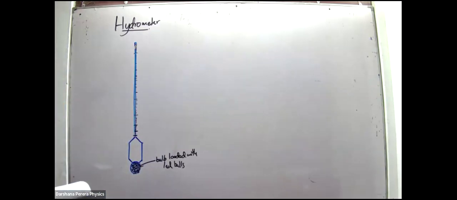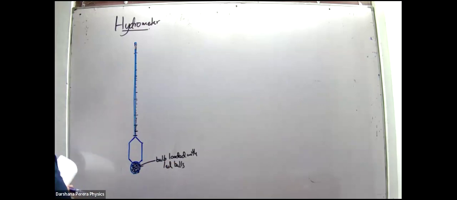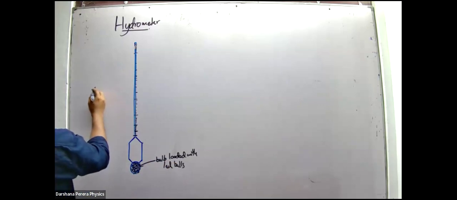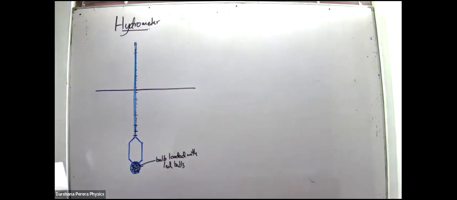We can discuss that after. So this is a bulb loaded with lead balls. It floats vertically in the liquid. Okay. Write down this one.